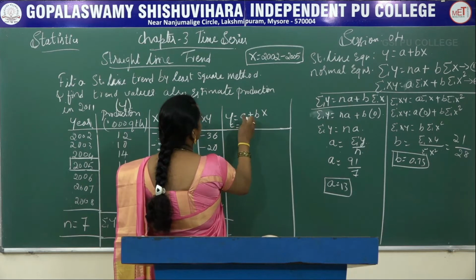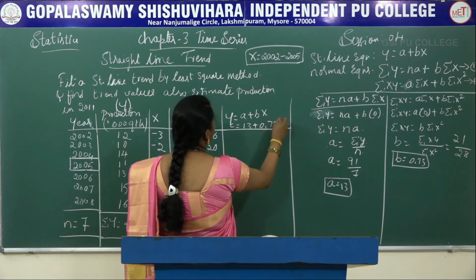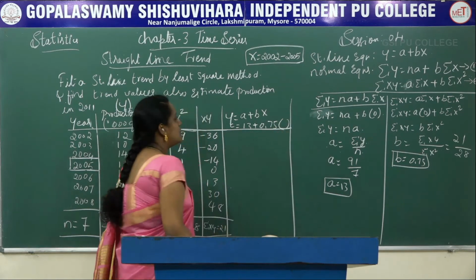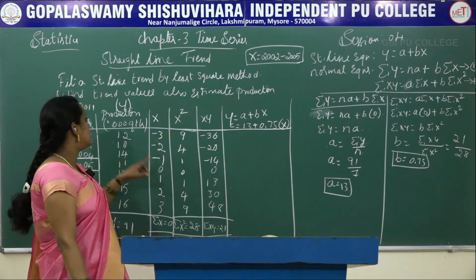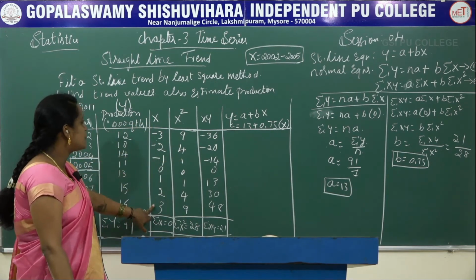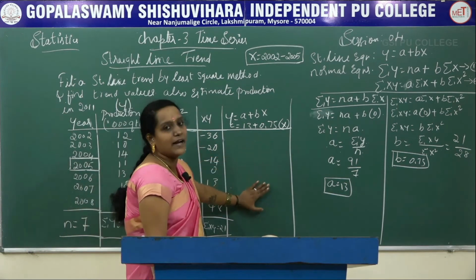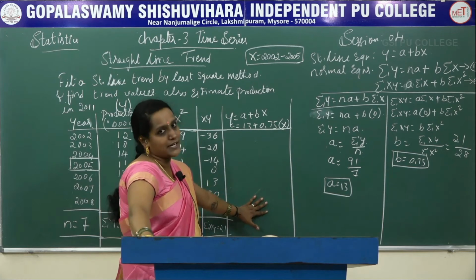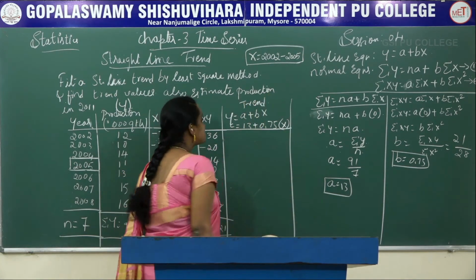Here I substitute the a value 13 plus the b value 0.75, and the x values are taken from this column. We substitute these x values in this equation for each and every year, then we find the y calculated, or the trend value.